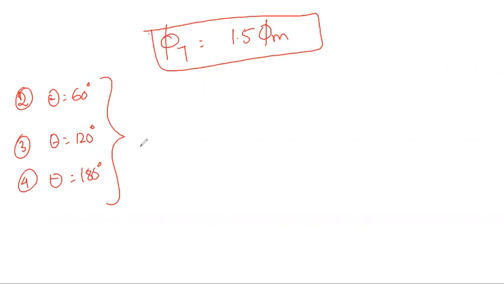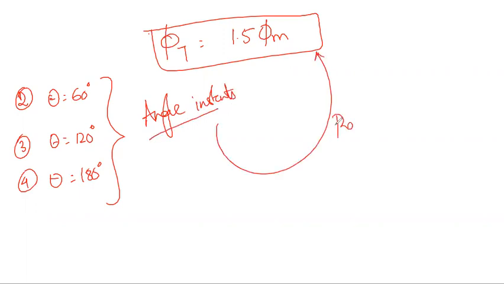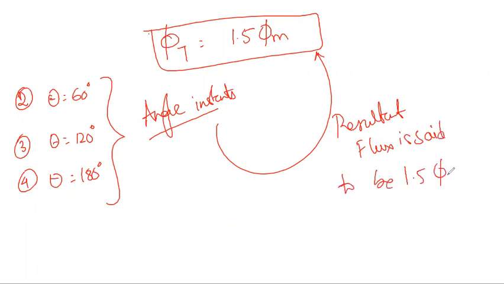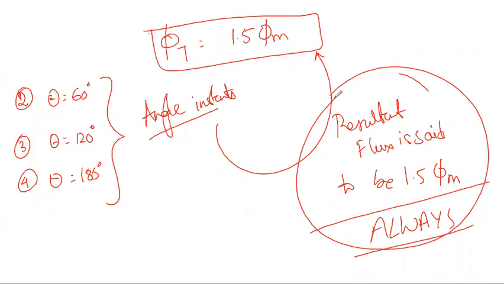So in all these different angle instants, the resultant flux is 1.5 times phi m always. So this is the value of the resultant flux that is produced. Always it is 1.5 times phi m. You can verify it as many times as you want.